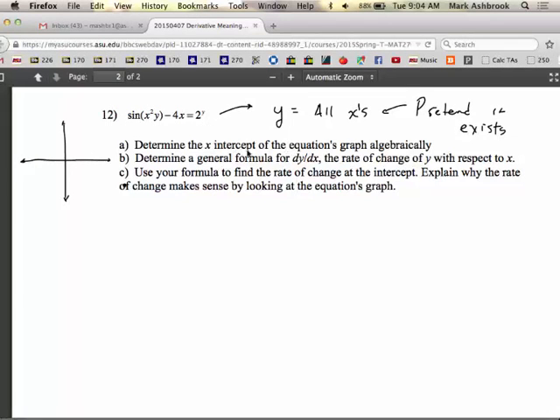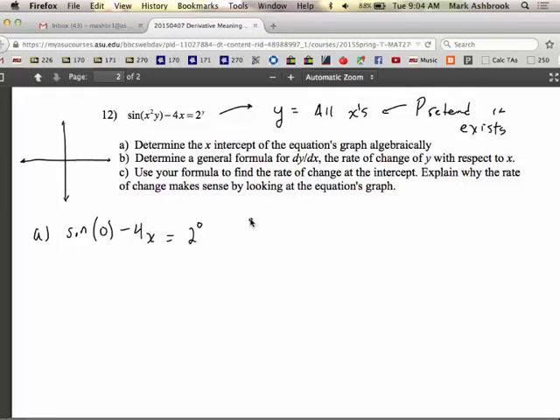What's true about an x-intercept? Along the x-axis, x could be anything, but it's a place where y is 0. So if we let y be 0, we get sine of 0 minus 4x equals 2 to the 0.